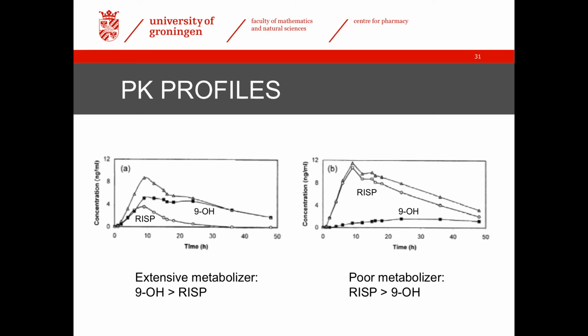For a poor metabolizer, on the right-hand side, only very little risperidone is metabolized. Interestingly, the sum of both analytes is about equal for poor and extensive metabolizers, which means that the anti-schizophrenic effect is similar for both groups of patients.